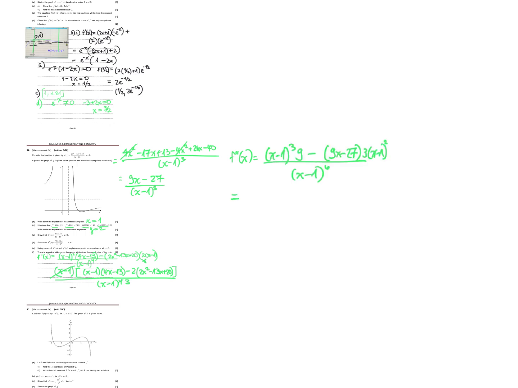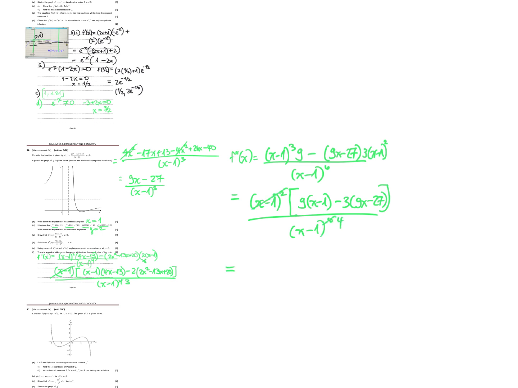So then we can pull out an (x − 1) squared. And then on the inside, we're going to have 9x minus 1, and then we're going to have minus 3 times (9x − 27). And then (x − 1) to the 6th, which will cancel and be 4.